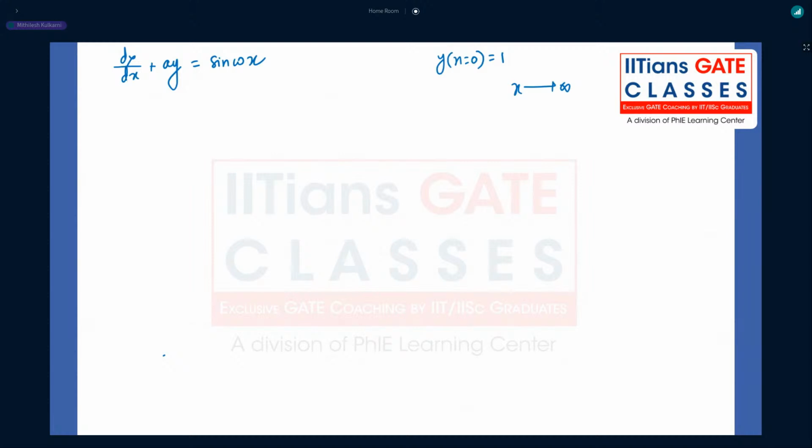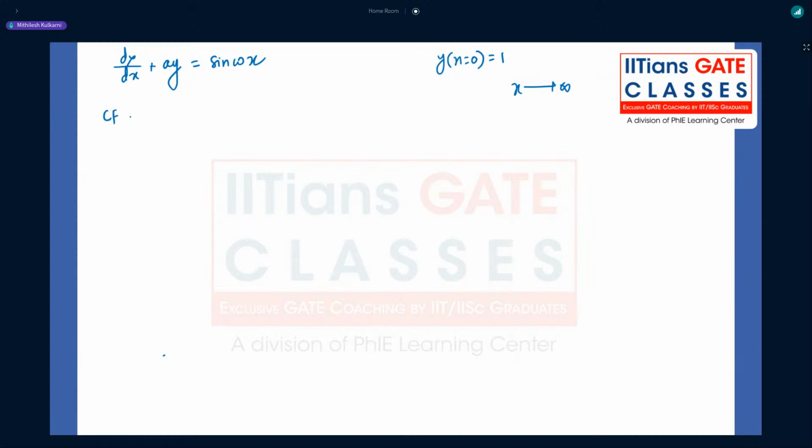So you can either solve this equation by using the linear equation method, or you can solve it by using the CF plus PI method as well. So let's try to solve it with the CF plus PI method.